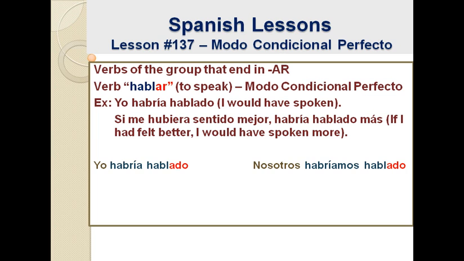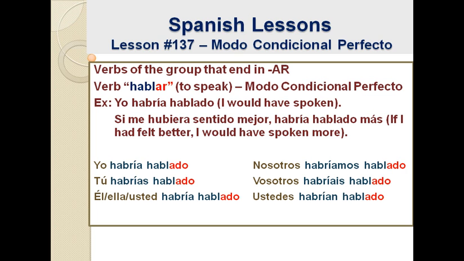So let's begin with the first subject pronoun, with the pronoun I or yo. Yo habría hablado. Tú habrías hablado. Él habría hablado. O ella o usted habría hablado. Nosotros habríamos hablado.